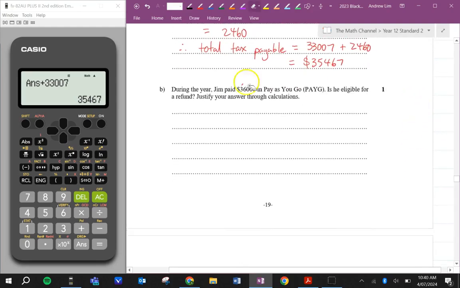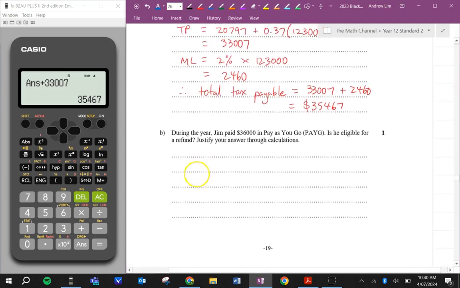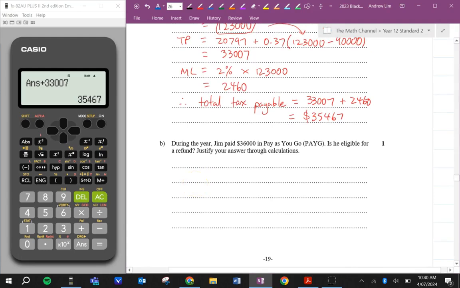During the year, Jim paid $36,000 in pay-as-you-go tax. Is he eligible for a refund? Justify your answer through calculations. So because he has paid $36,000, but he's only meant to pay $35,467, he is meant to get a refund. So yes, he will get a refund.